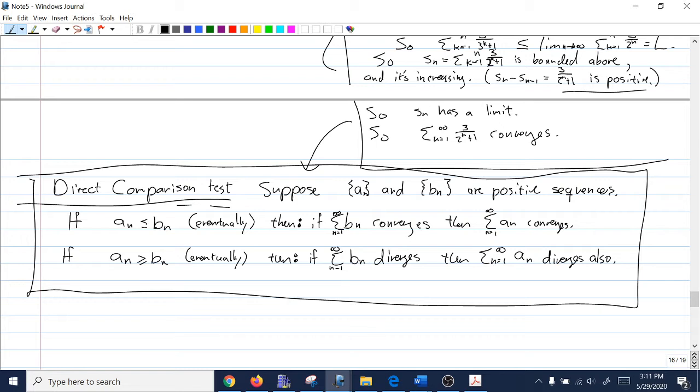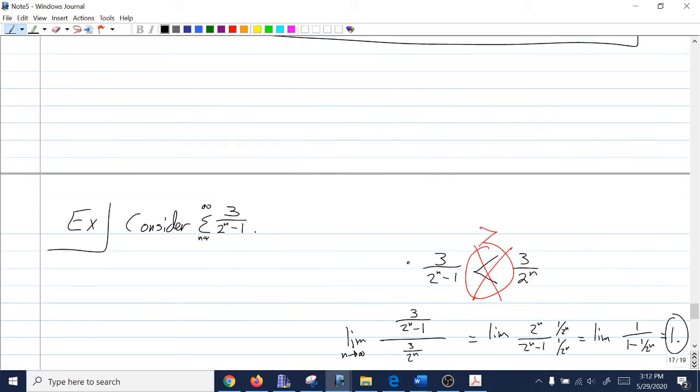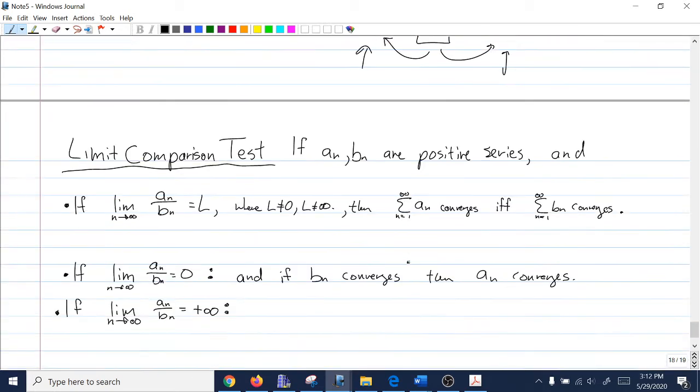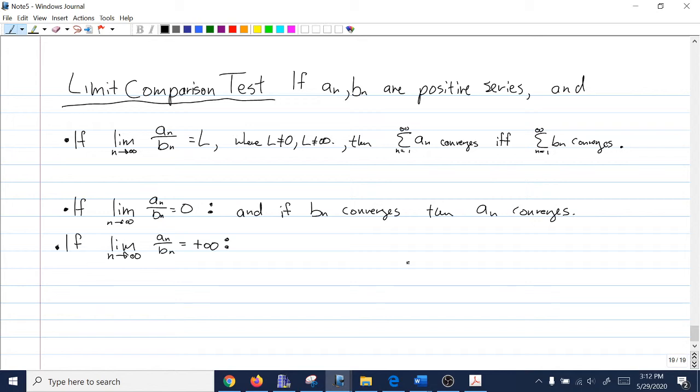Putting a big colon helps. I guess here's the nicer way to write that. If an is less than bn, and if bn converges. Yeah, if both of these things are true. Don't write "if this, then if this." That gets bad if you have to do it more than twice.